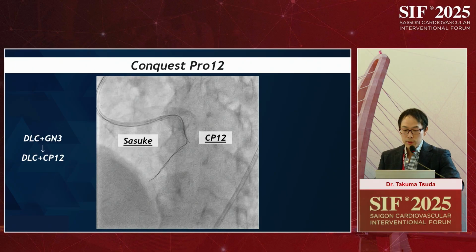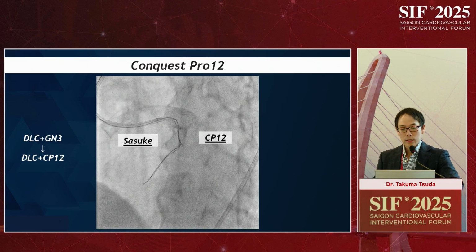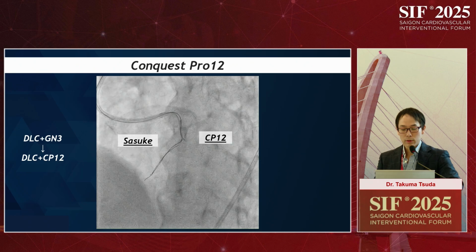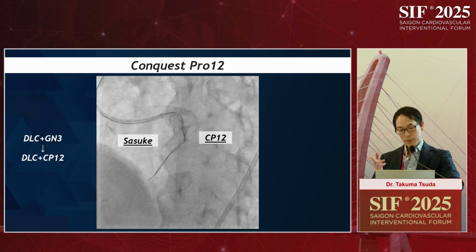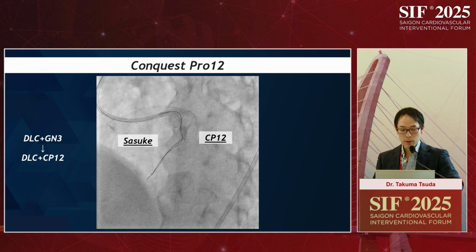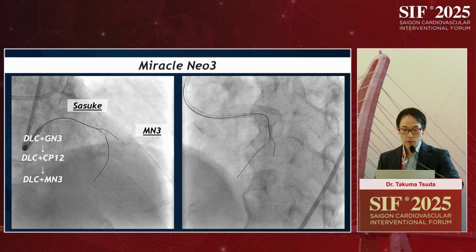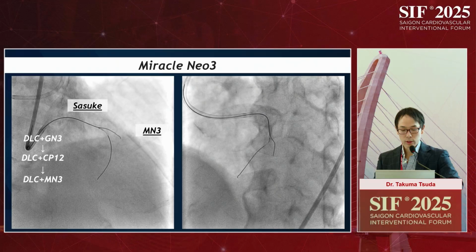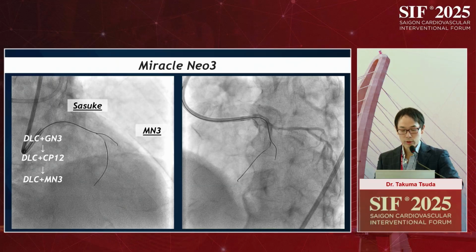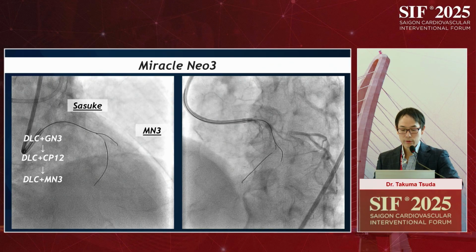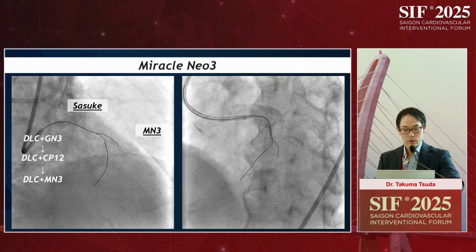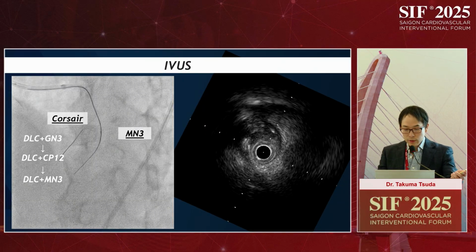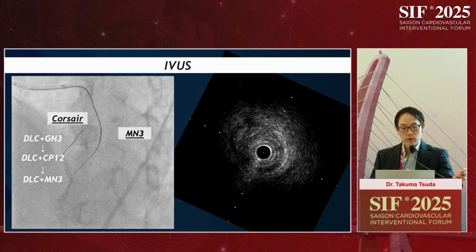So that's why the CP12 was selected as the next. And CP12 could penetrate the CTO proximal cap. But as you know, this related to the Miracle Neo 3, it demonstrated that it was inside a subintimal space. So IVUS-guided rewiring was performed in this case.